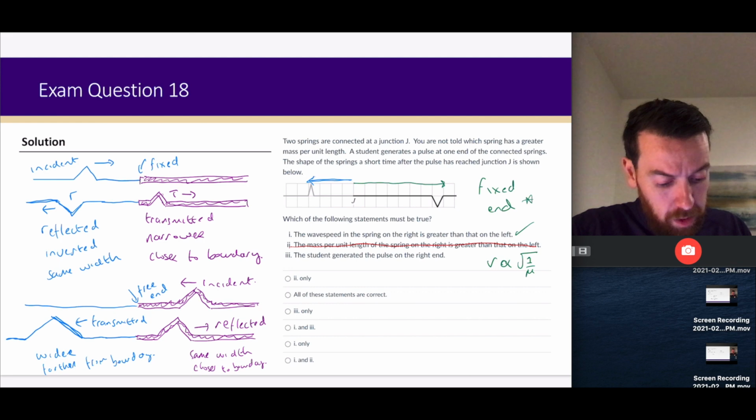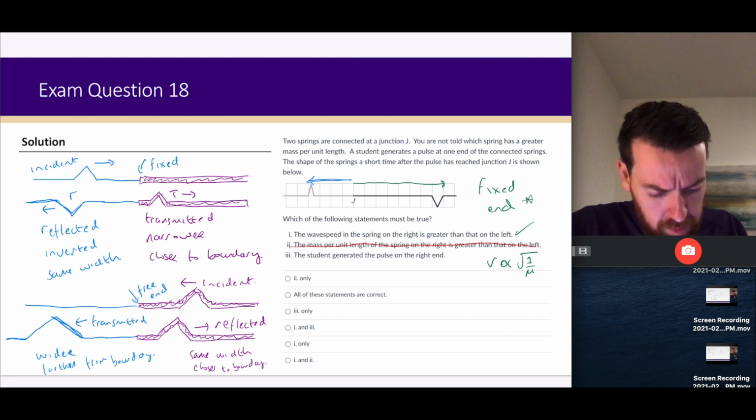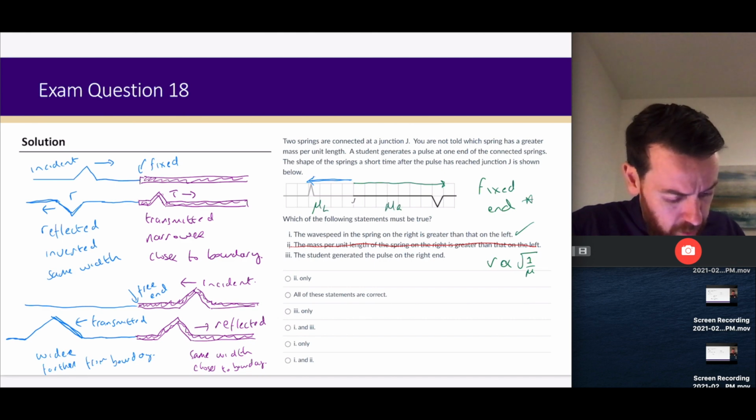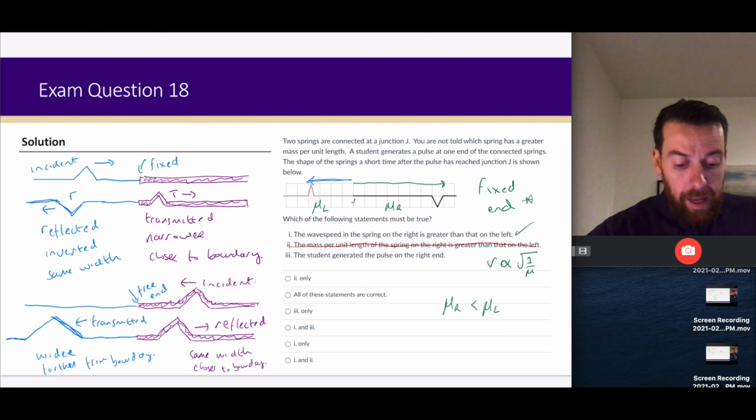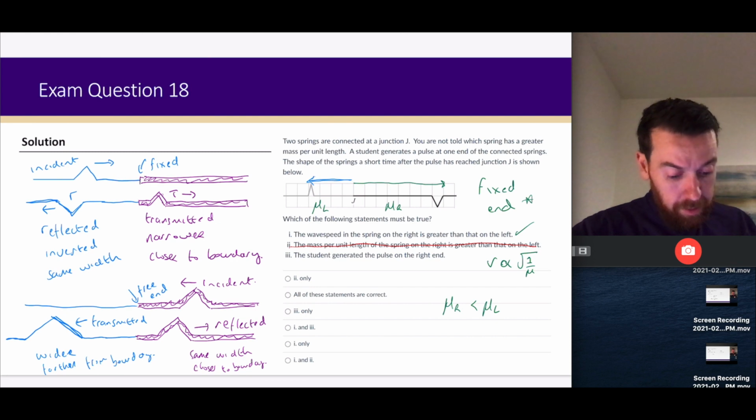If this is mu left and this is mu right, I know the correct statement is that mu right is less than mu left. And so the one on the right is the lighter material.